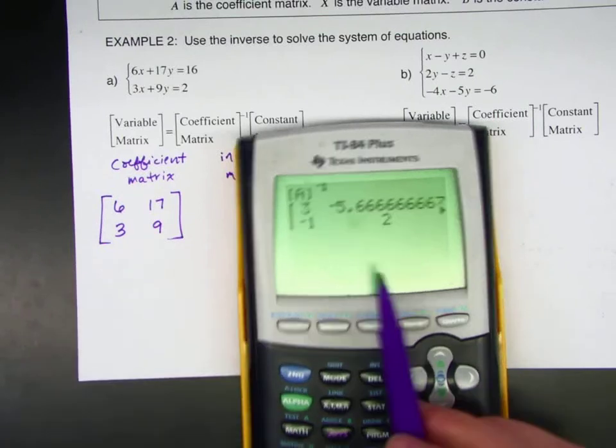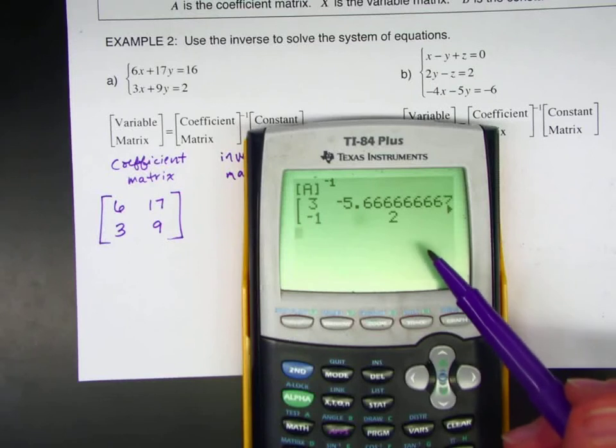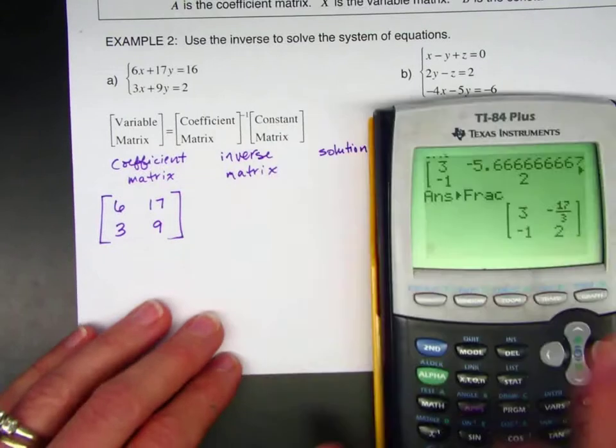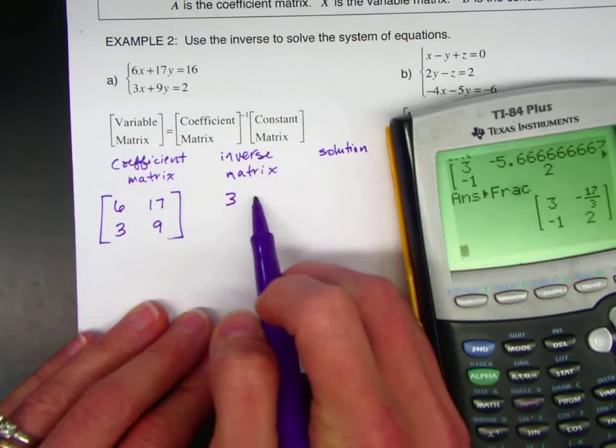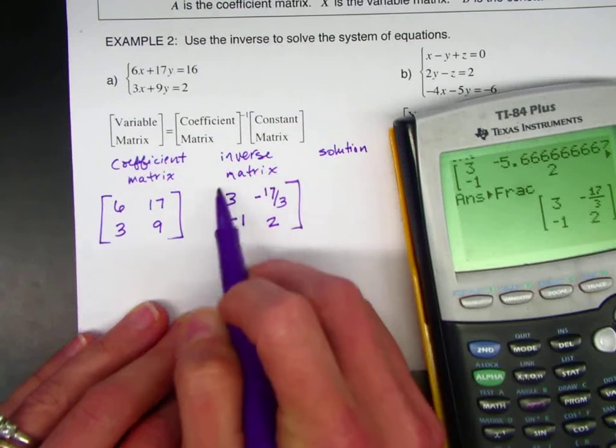All right, and we get this. You guys will not be able to leave your answer like this. Guess what you're going to have to do? Yes. So we get 3, negative 17 thirds, negative 1, 2.